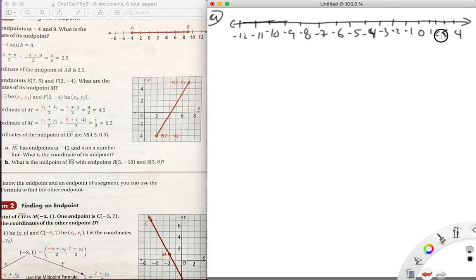Holy moly, I made it work. We got one at 4 and one at -12. Had to squinch them together though.